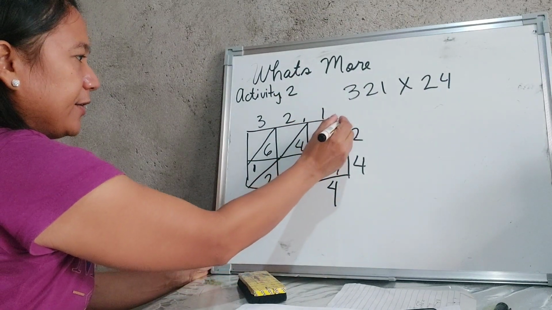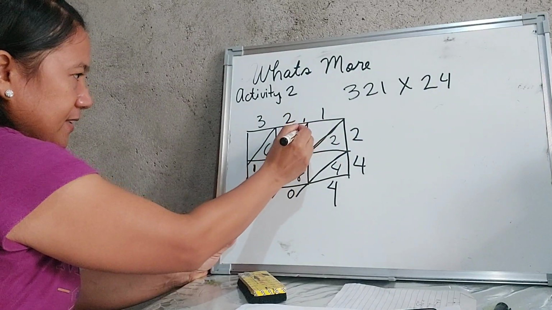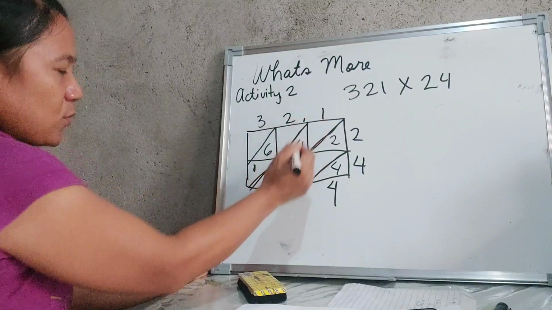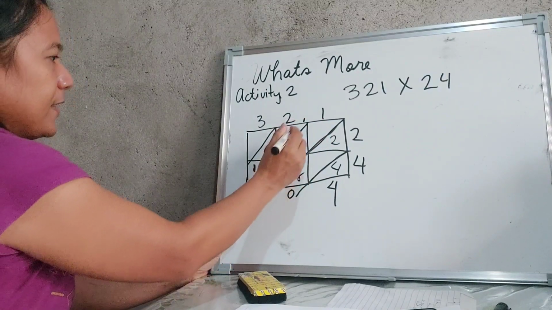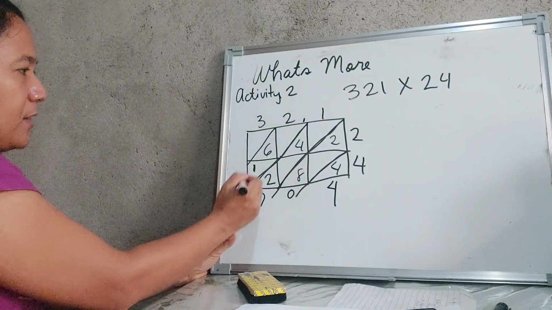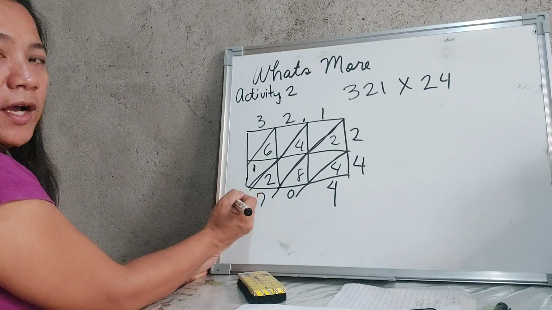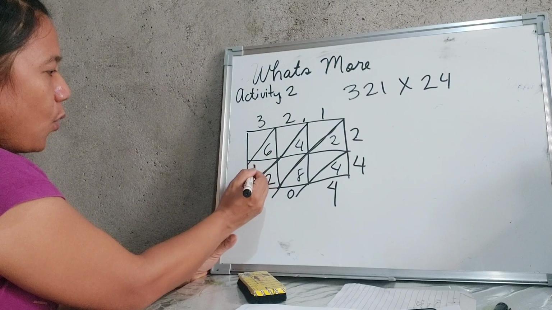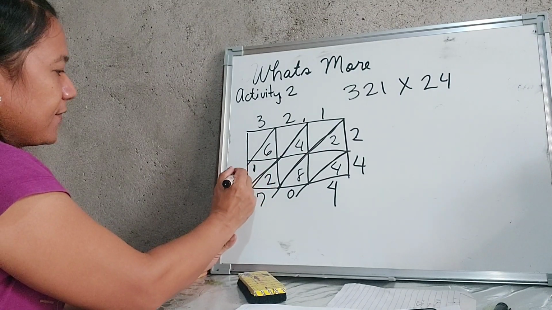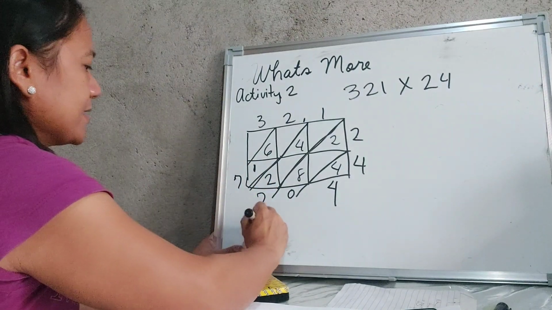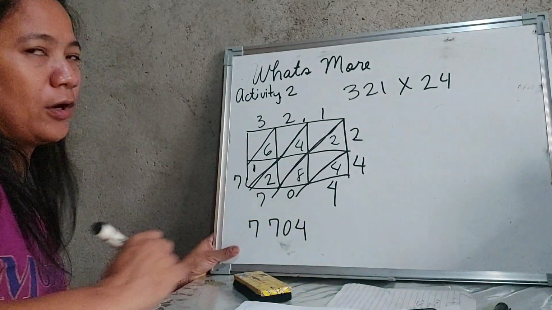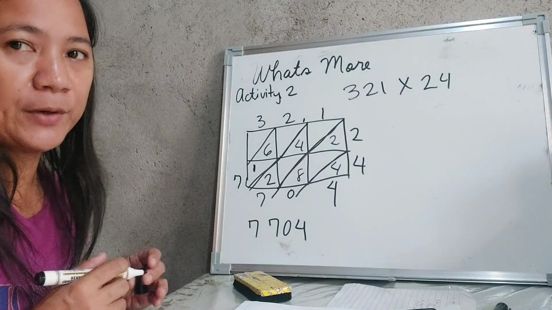So, dito sa area na to, dalawa din sila. 4 plus 2 is 6, plus 1 is 7. And into this diagonal, we have two numbers, which is the 6 and 1. 6 plus 1 is 7. So, the answer is 7,704. This is the final product.